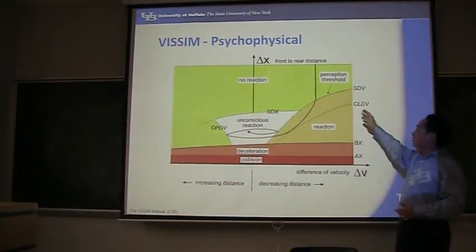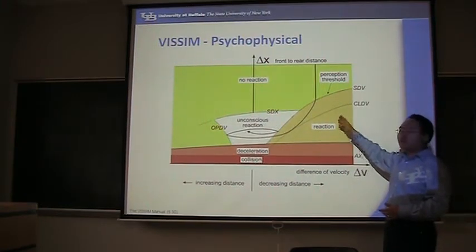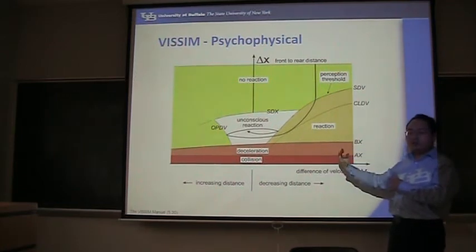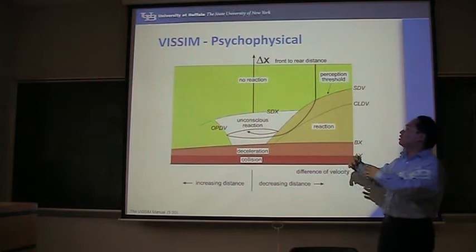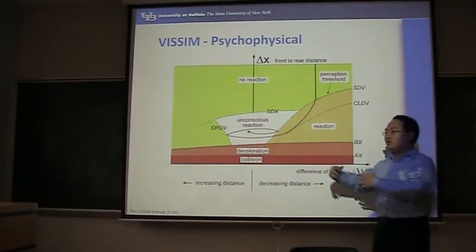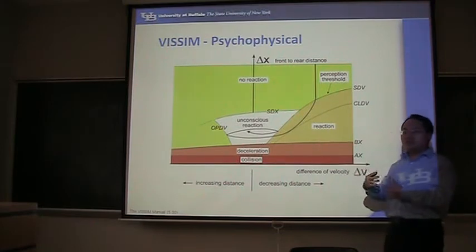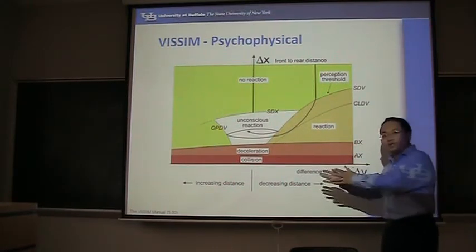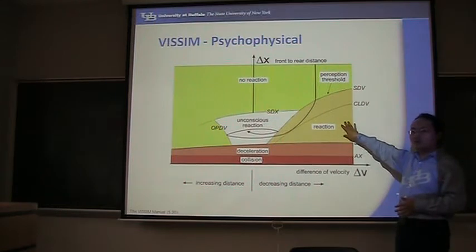See this? Within this area, the vehicle has to accelerate, because the vehicle ahead is at a noticeable, small distance. Our distance is small, and my speed is less than the leading vehicle's speed, so I'm going to accelerate. Are we clear?